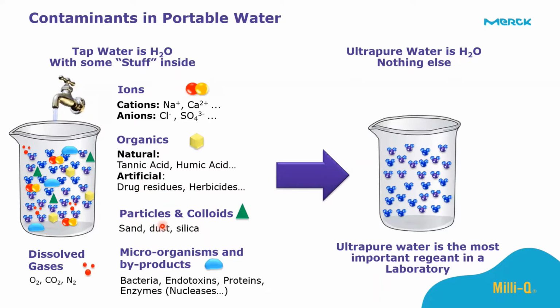We also have particles and colloids, and this is the dust, the silica, and the sand in the water. We also have microorganisms and their byproducts, and we also have dissolved gases. So these are the contaminants that the water purification systems will remove to a certain level based on your applications.